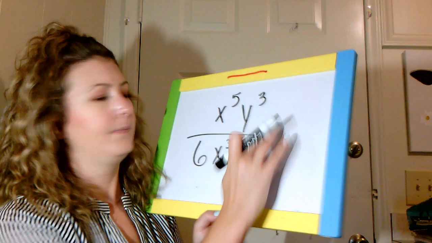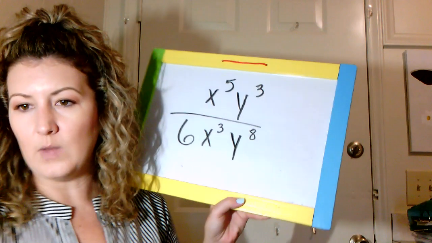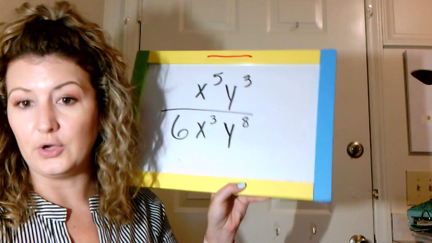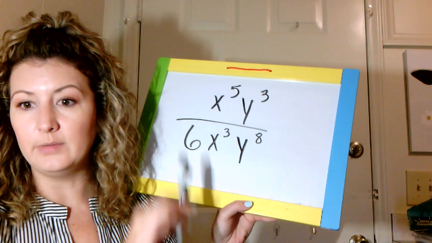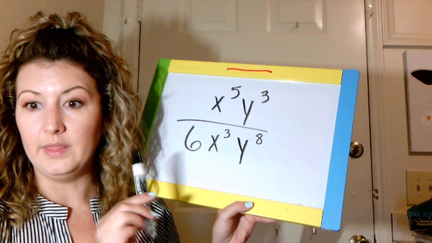Let me give you one more example. You have x to the fifth, y to the third, divided by 6x to the third, y to the eighth. Let's look at our numbers first.